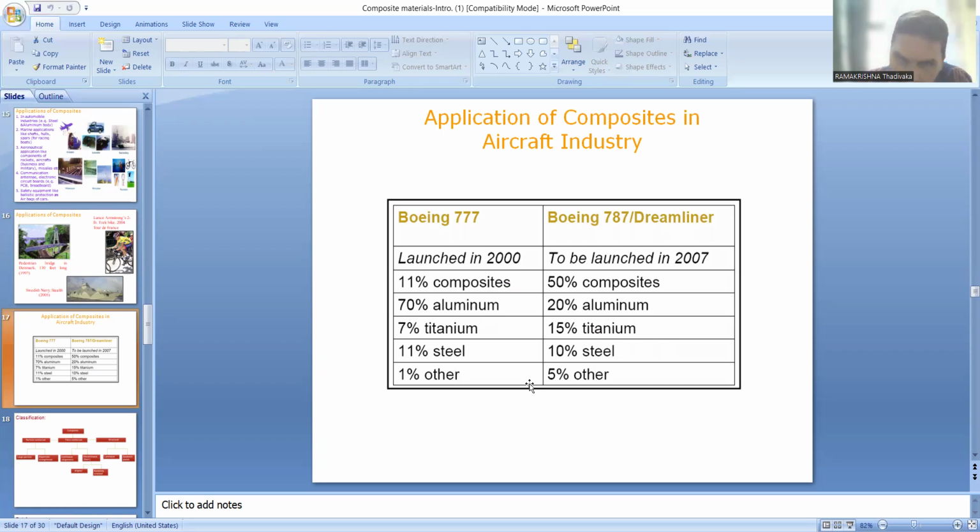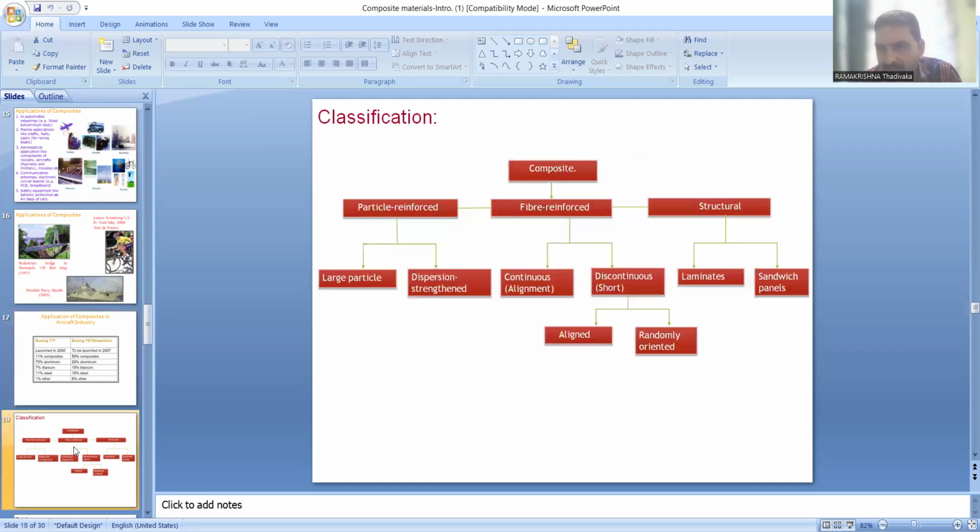Okay, when you see this slide, how you can understand the usage of composites, how it has increased, that is the wonder.